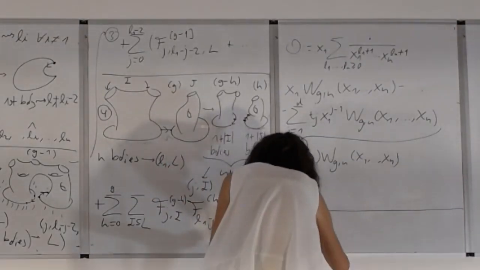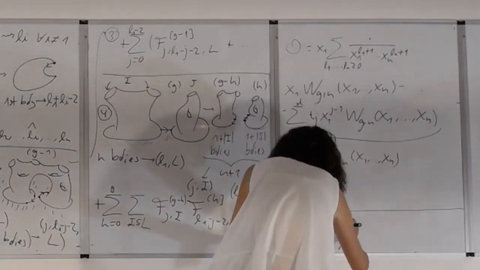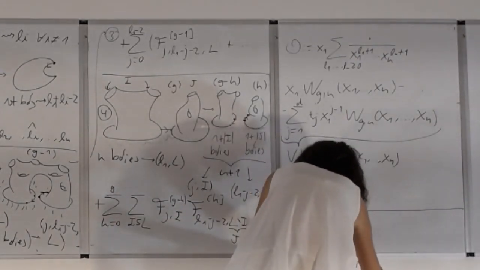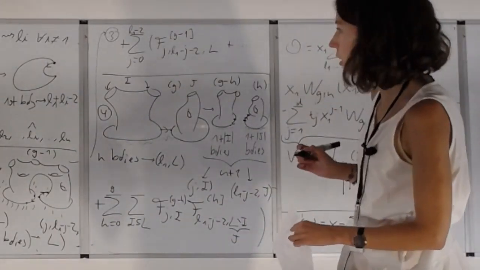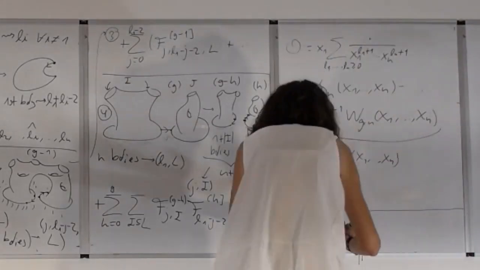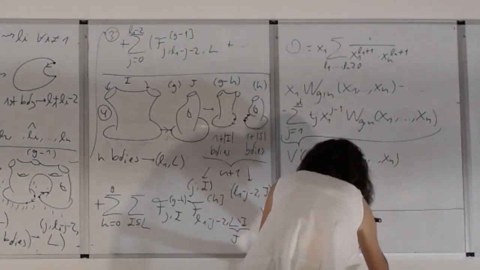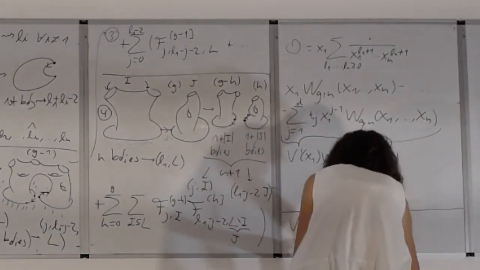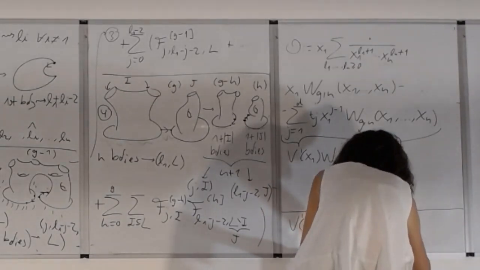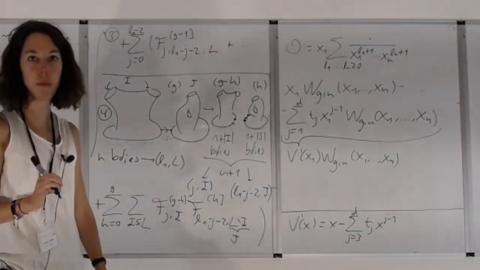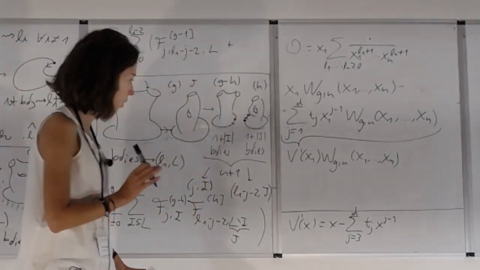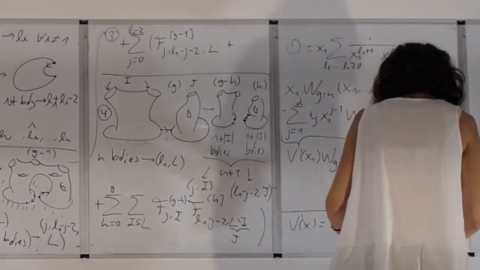So v prime is just x minus x to the j minus 1. If you remember, yesterday I defined the potential. This is just the derivative of the potential, so you can remember.